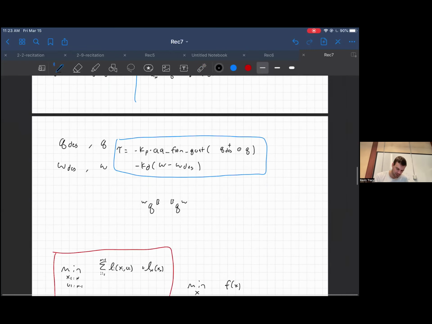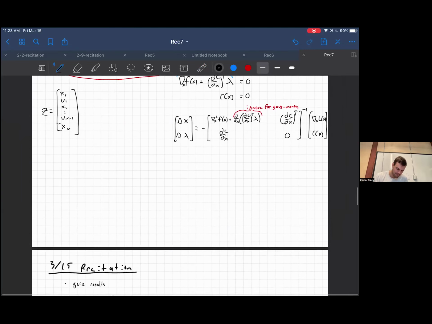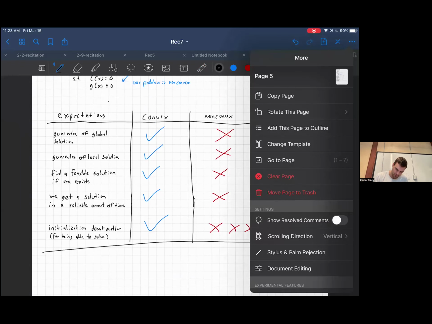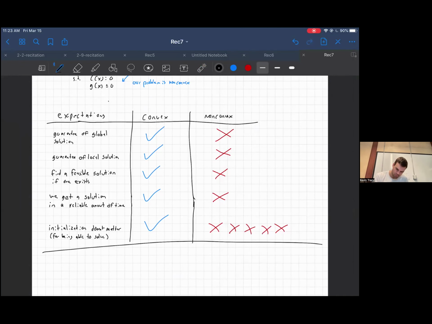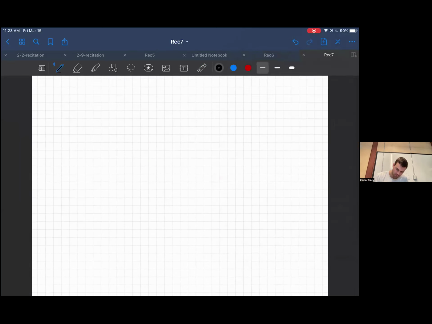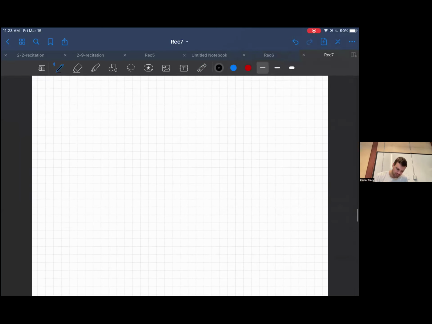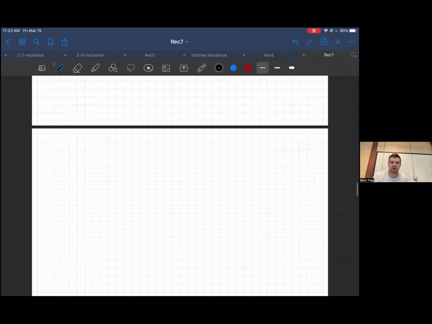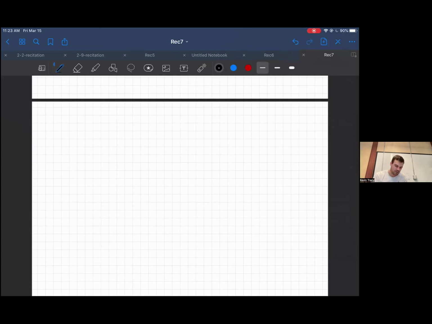Okay, and then this was all office-hour stuff. So now I will introduce a little more of this matrix notation.